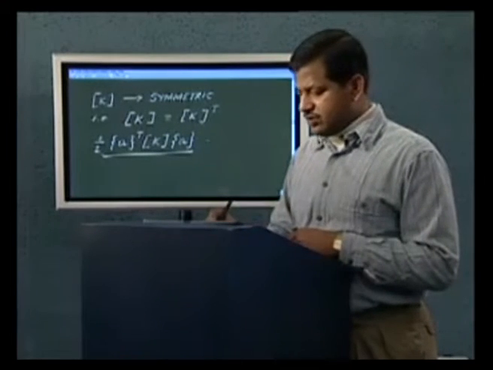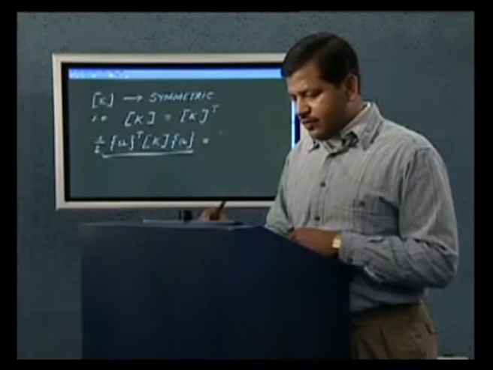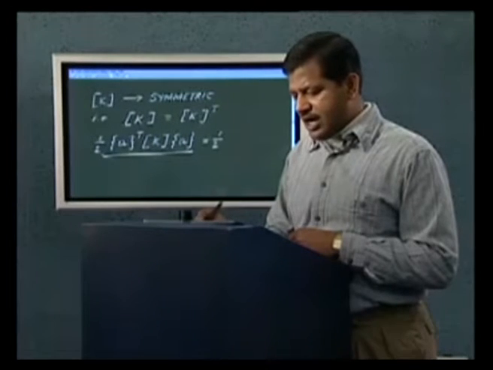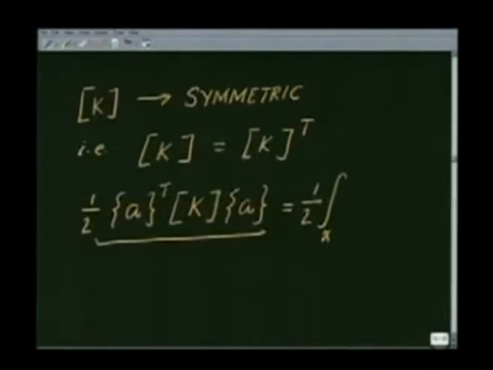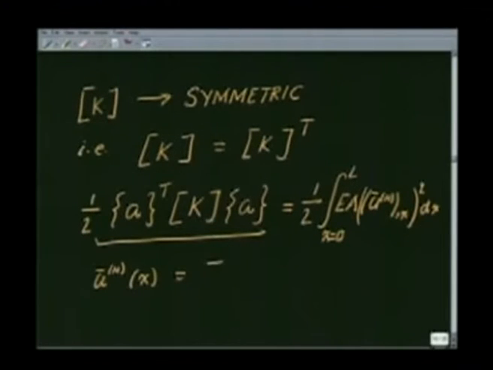What is it equal to? From what we have already defined, this will be equal to half of integral x equal to 0 to L Ea into u bar n comma x whole squared dx, where I am going to call u bar n as a function of x equal to summation i equal to 1 to n ai phi i of x.